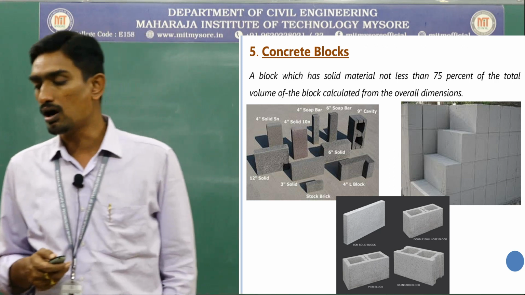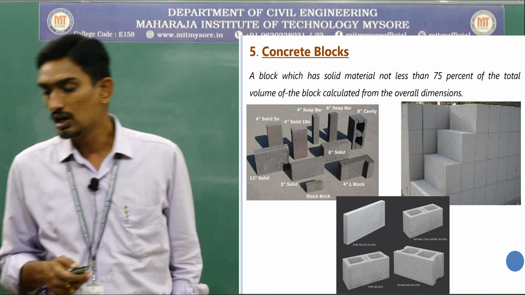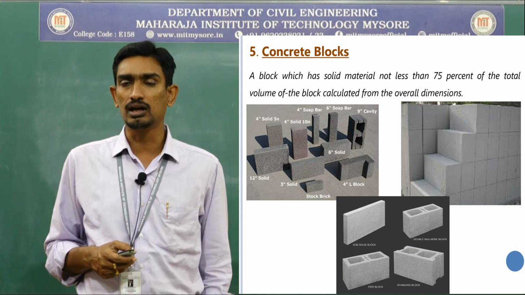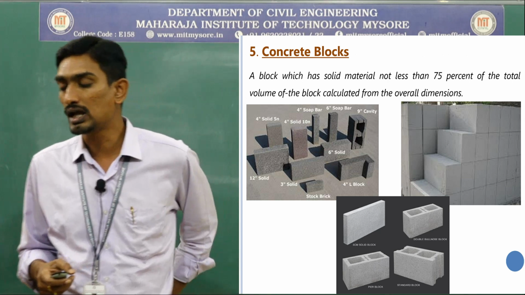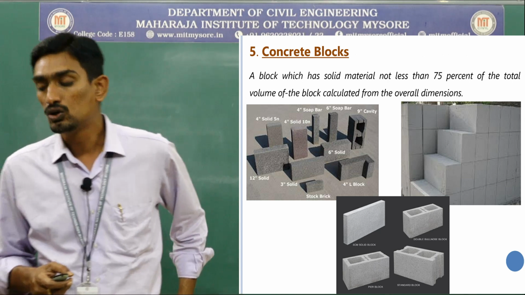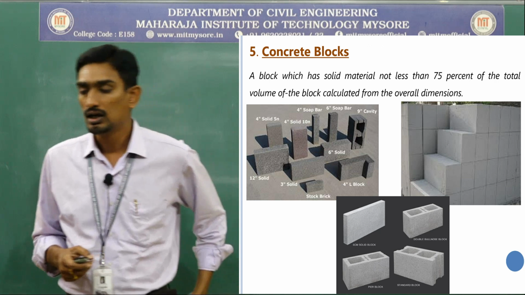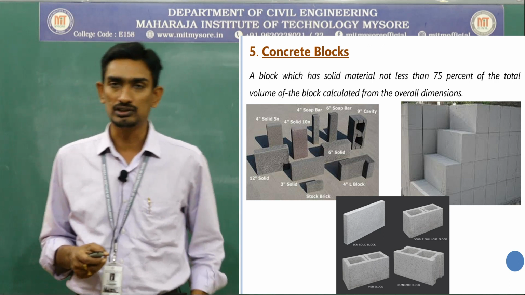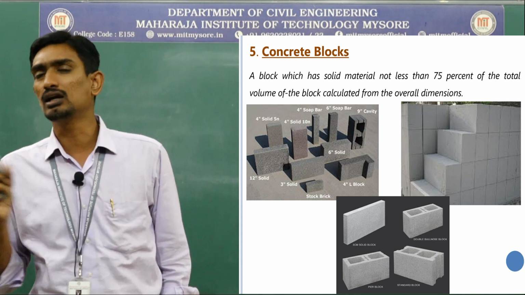Now, a concrete block is defined as a solid material, not less than 75% of the total volume of the block calculated from the overall dimension. This is a typical technical definition.